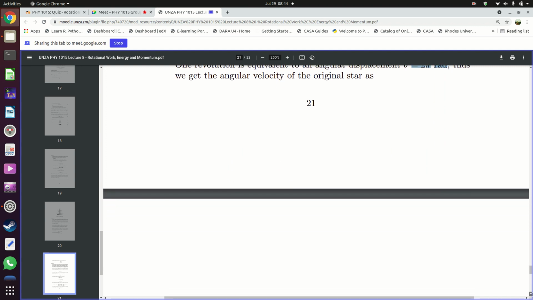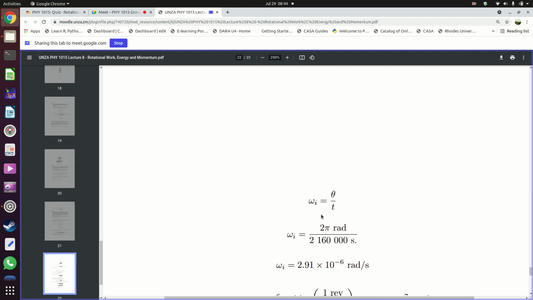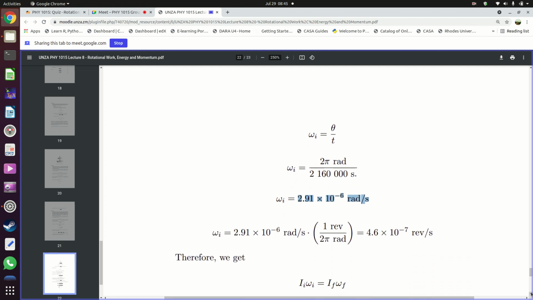So omega_i is equal to theta, our angular displacement, divided by the time. That's 2 pi radians, since that's 1 revolution, divided by the time in seconds. So we end up with omega_i equal to 2.91 times 10 to the power minus 6 radians per second. So this is how much the angular velocity is in radians per second. Very, very small.